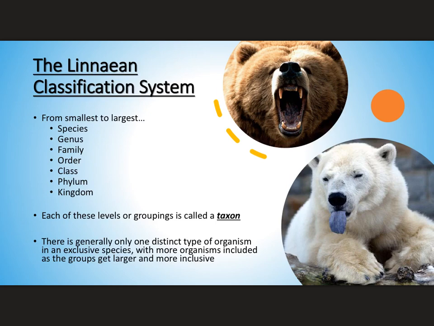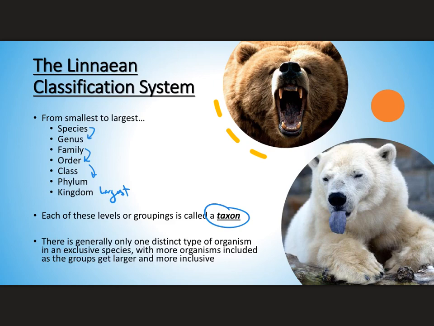The smallest, most specific grouping is well named. You have the species, right? Hence specific. A little bit larger group would be the genus. All right, a little bit larger down this chain. So we go species, genus, family, order, class, phylum, and kingdom would be the largest thing. And again, each of these is called a taxon, or the taxa.